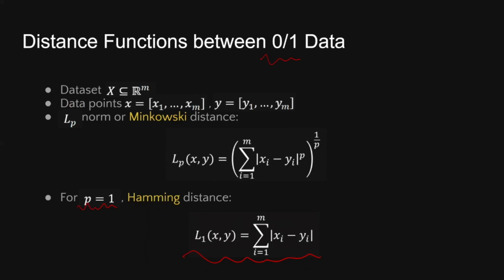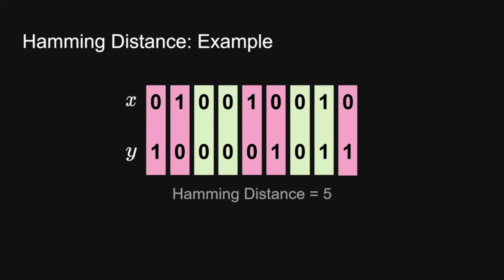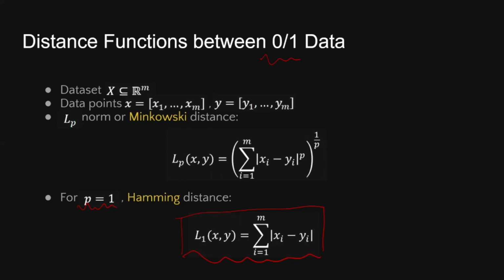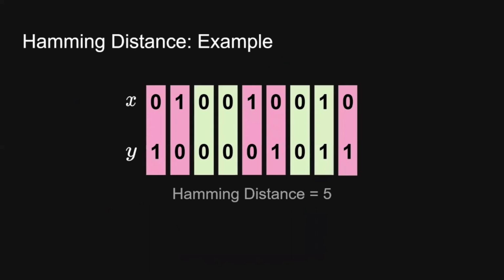Then the Manhattan distance is also called the Hamming distance. The Hamming distance is an interesting distance that you can use to compare binary sequences. Simply speaking, if the components are all binary, then the Manhattan distance is going to be simply a comparison of how many components are identical to each other.